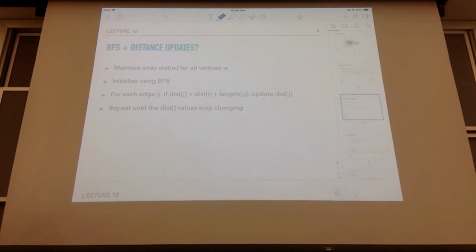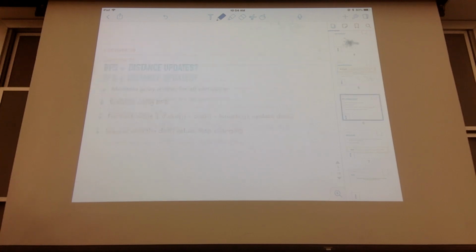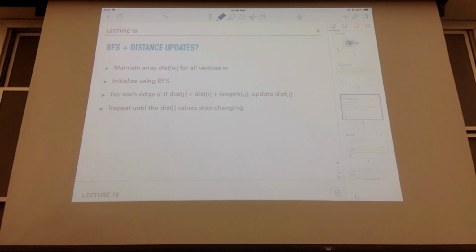And one argument that I was suggesting last time is, okay, we know that breadth first search doesn't work, because the number of hops doesn't necessarily give you the shortest length of the path. But we said that, okay, start with a solution that you get by breadth first search, and you just do some kind of distance updates. So you start with some solution. For every w, so you have the source u.